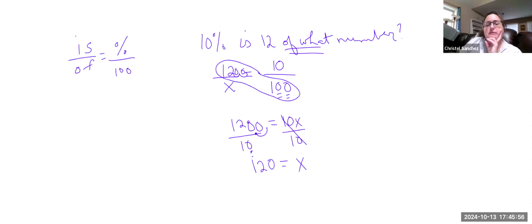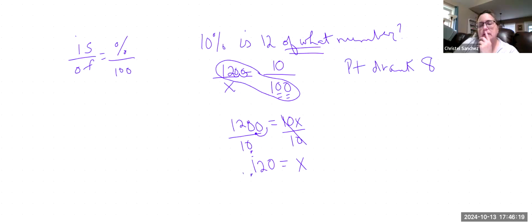Okay. So let's do another one. We did one for is, we did one for of. So let's do one for percent. Let's say the patient drank 8 ounces of his water.